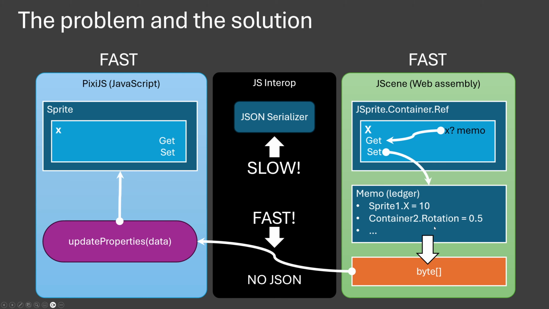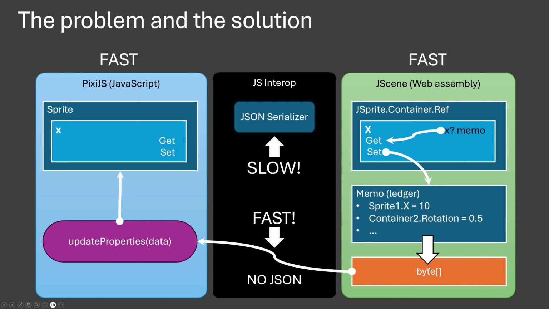The overhead is also in serializing the same ledger into a byte array, and on the JavaScript side, when the byte array is received, in deserializing it back into JavaScript objects and setting all of these properties. So the overhead is there, but as you can see, the overhead is not in the JS interop side of things. The overhead is on the WASM side, and on the JavaScript side, and they are fast.